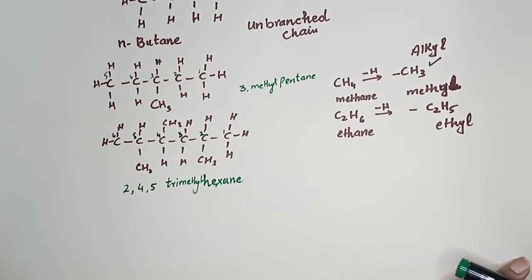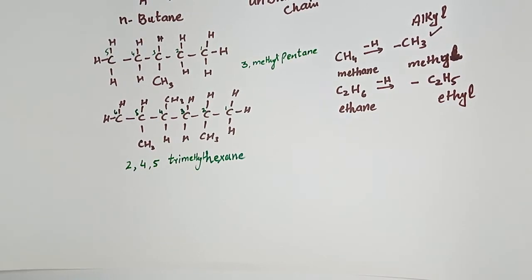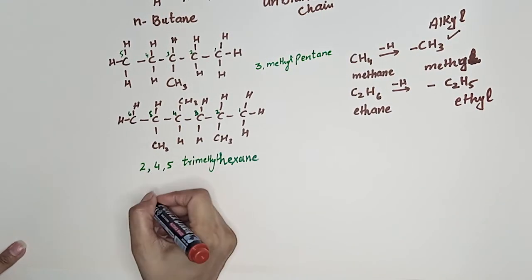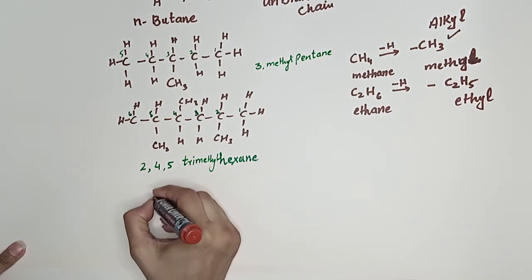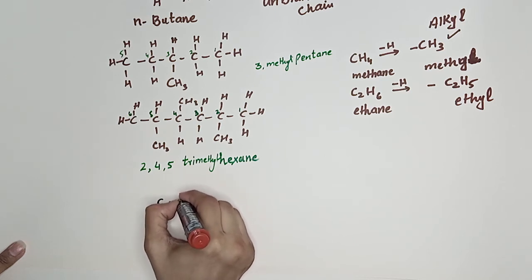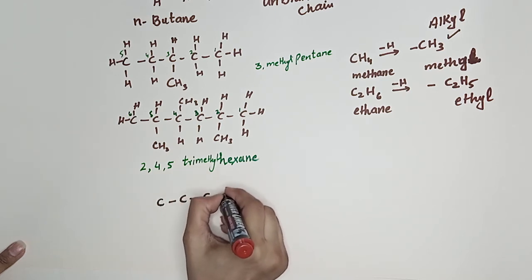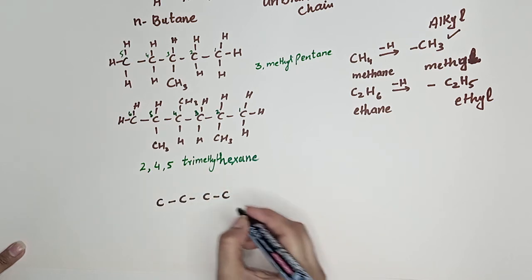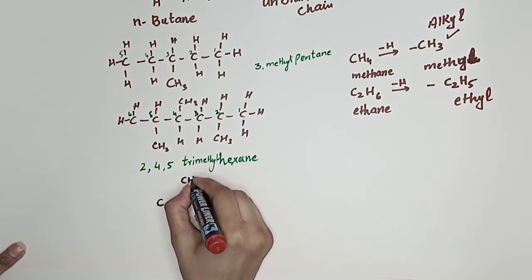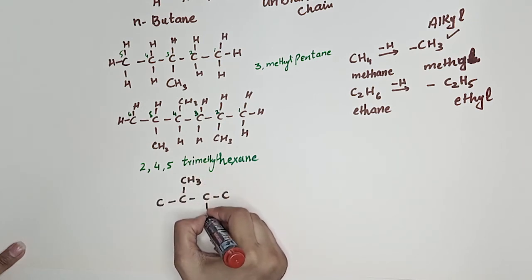Okay, I am going to write another question. Name it and write the name in the comment. Then check the answer here in this video. You will pause the video, then you will name it, then you will check the name, which I will write down. Okay, I am going to write 1, 2, 3, 4. Right? 1 is here, CH3. Another one is here.